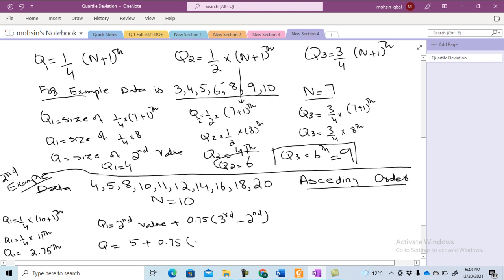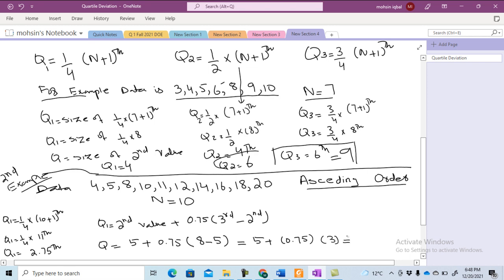So Q1 equals 5 plus 0.75 multiplied by (8 minus 5), which is 3.